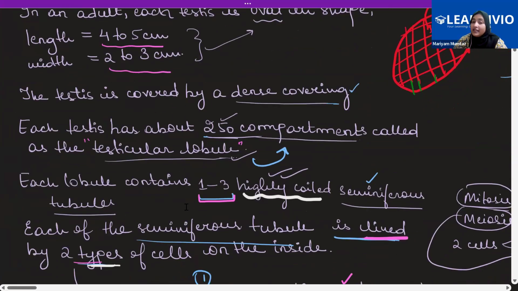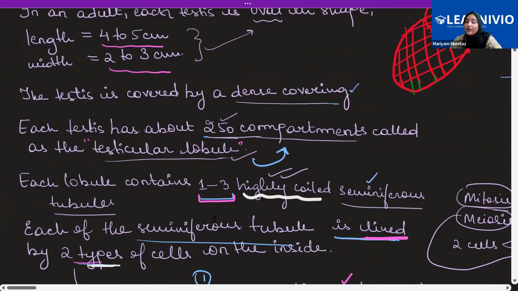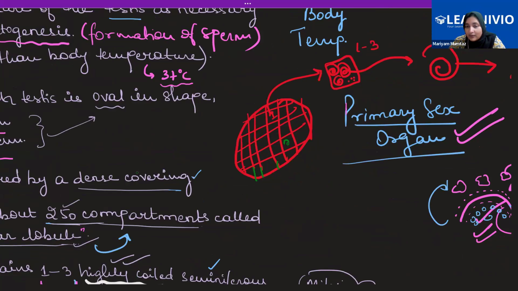Now, inside each of these 250 compartments, there are 1 to 3 highly coiled seminiferous tubules. Understood?